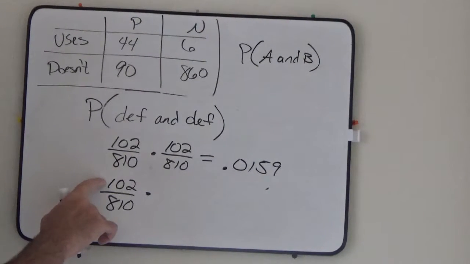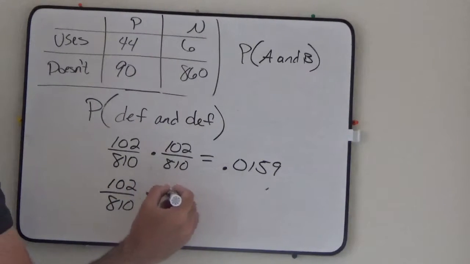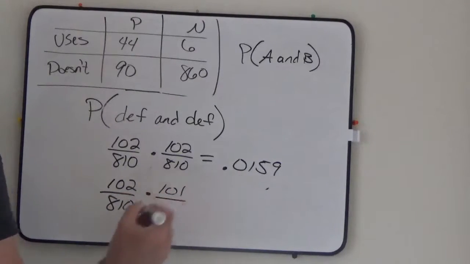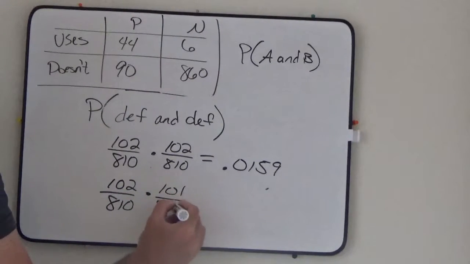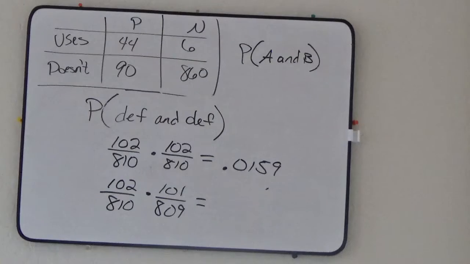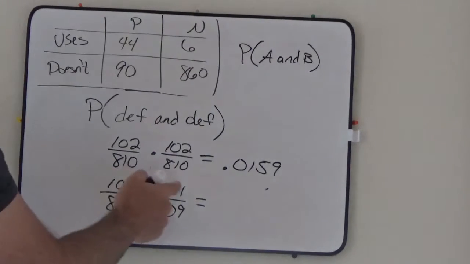There are now only 101 defective scales because one of them was not replaced, and there are only 809 scales because one of them was not replaced. One of the defectives was not replaced. That's why there's 101 defectives.